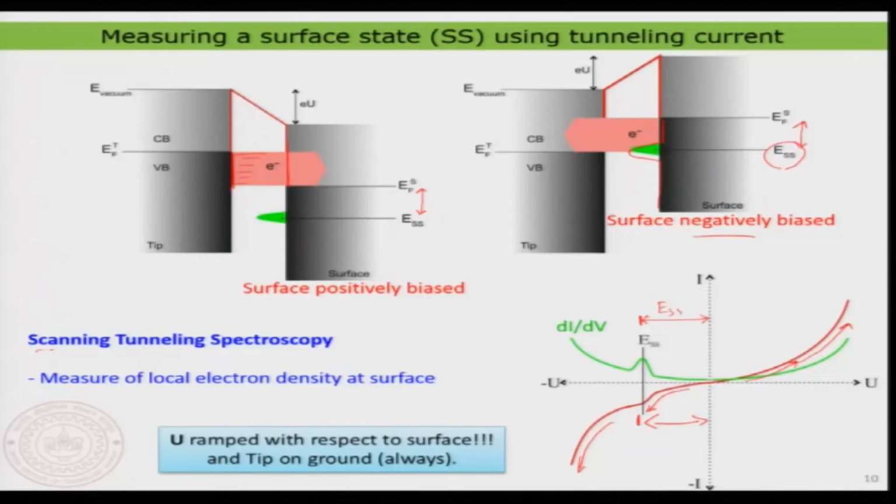So, when you name the scanning tunneling spectroscopy, it generally means the current voltage characteristics performed at the tunneling junction. Well, you keep it in mind that we have of course taken a very simple and ideal situation here, where the only variation in the density of state on the sample side is the surface state.